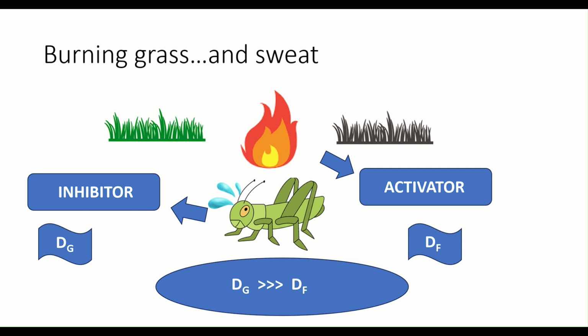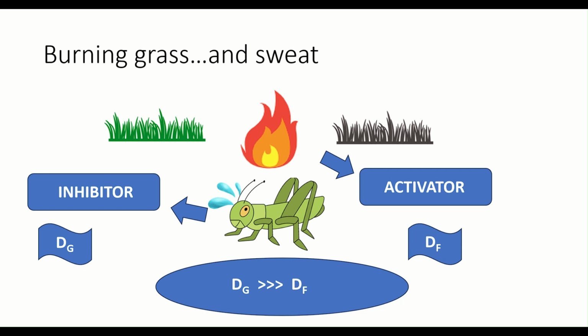But instead, if we assume that the fire propagates slower than the grasshopper, what happens is the grasshopper moves to a certain place and sweats profusely, and when the fire reaches that area, it can't burn that area because of the dampened grass. So this restricts the charred area to a limited domain.